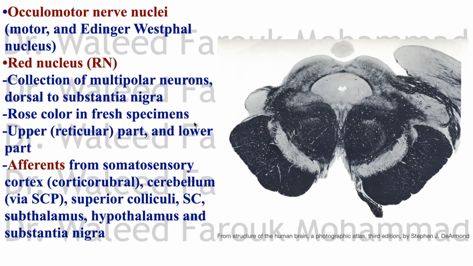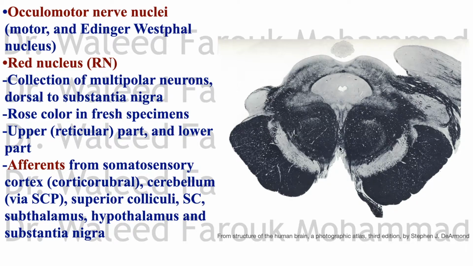Oculomotor nerve nuclei. This is at the superior colliculus level. These are the oculomotor nerve nuclei. This is the motor nucleus, and this is the so-called Edinger-Westphal nucleus, which is ventral to the motor nucleus of the oculomotor, giving rise to the oculomotor nerve, as you can see here.